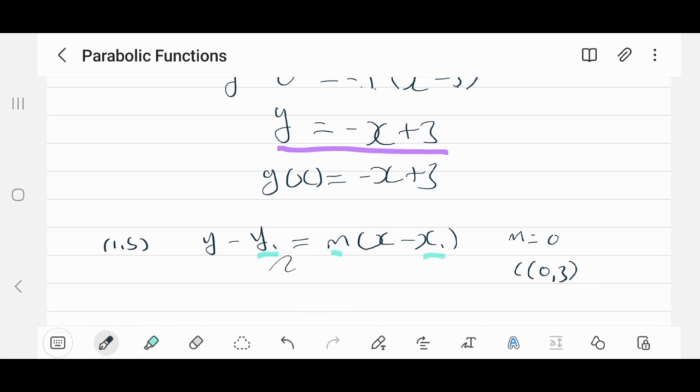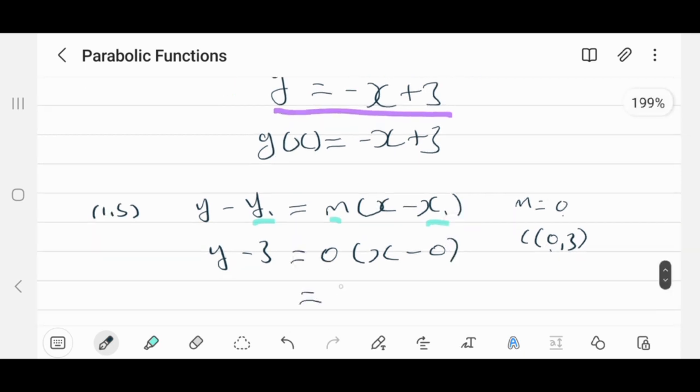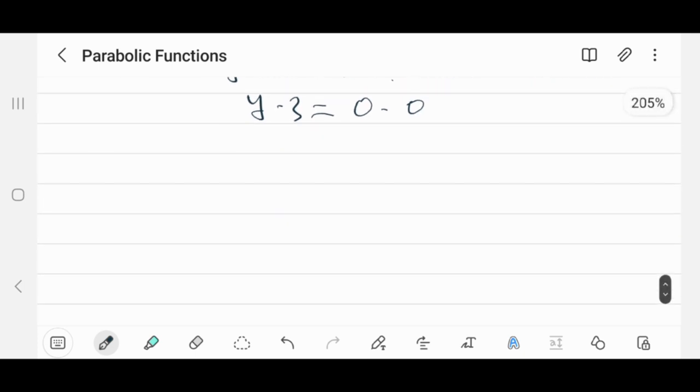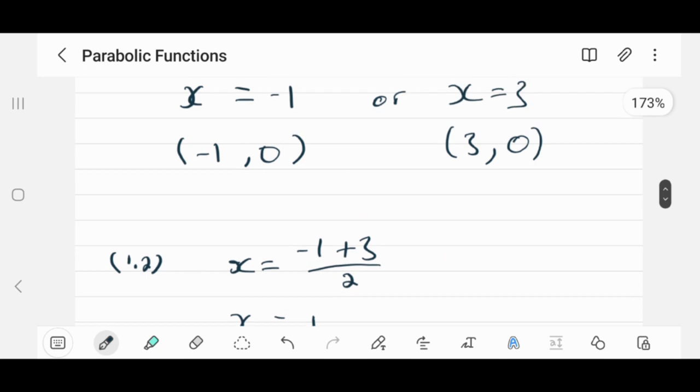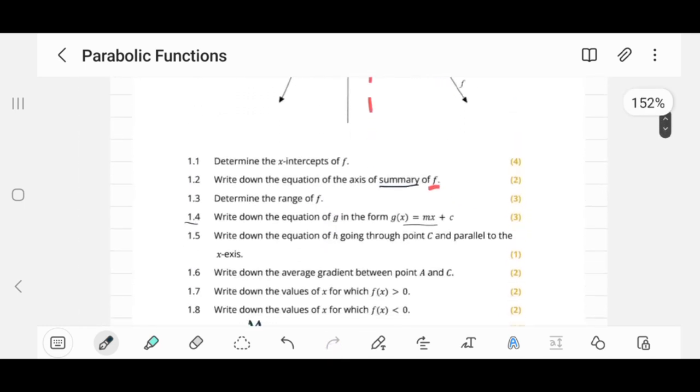So on the y, we have y minus 3 equals 0 times x minus x1, where x1 is 0. Then 0 multiplied by this is 0, 0 multiplied by 0 is 0, so the answer will be y equals 3. That's how the answer will look. It's going to be y equals 3.